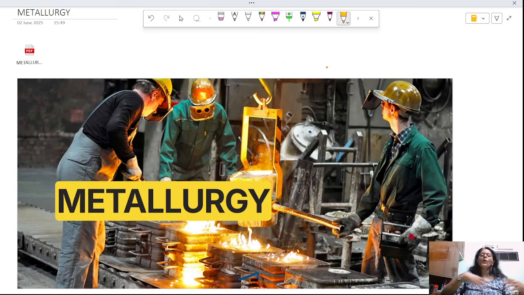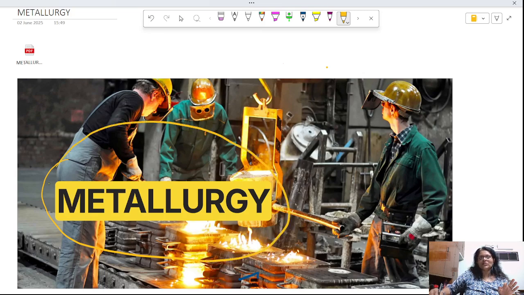That whole process is actually a very complicated process, but that entire process of extraction of metals and refining them into pure metal comes under the branch called metallurgy.